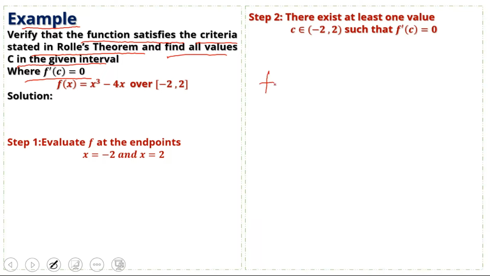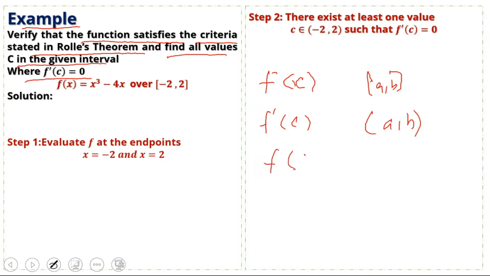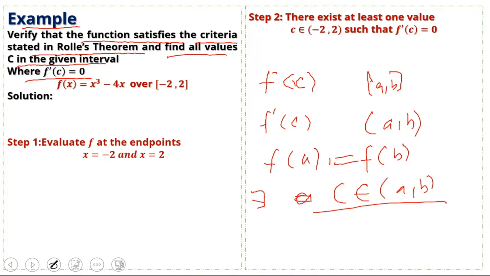If the given function is continuous over the closed interval and differentiable over the open interval, and the value of the function at the endpoints of the interval is the same, then there exists at least one interior point c that belongs to the open interval, and at this point the derivative of the function is equal to 0.